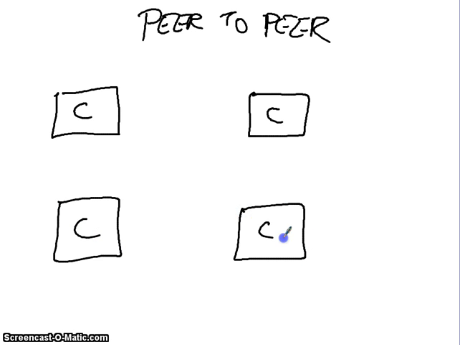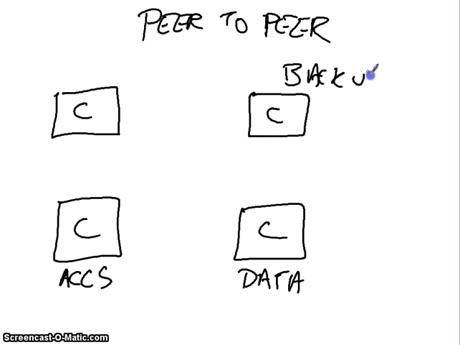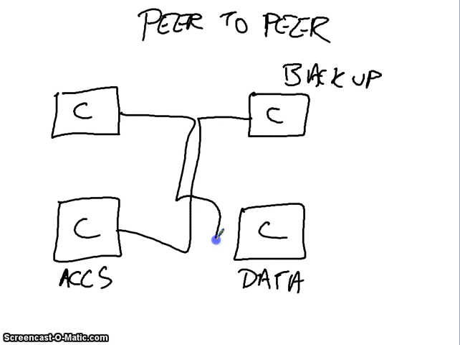And what happens is instead of shelling out £6,000 for a big server, what you do is you hook them up so they all have different bits of data on each one. So this one might store all the accounts, and this might store all the data, and this might store backup, and they all kind of hook up together to work.